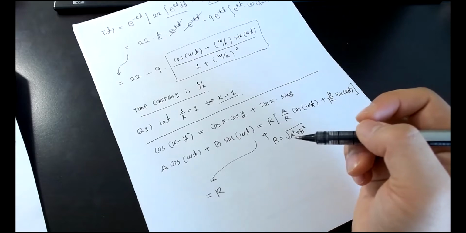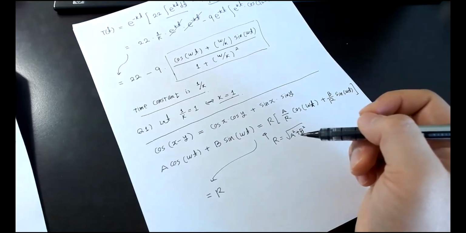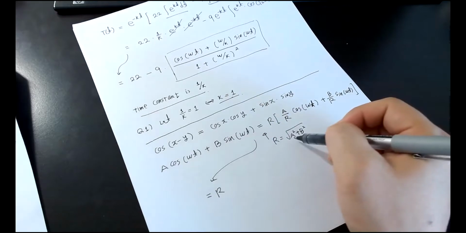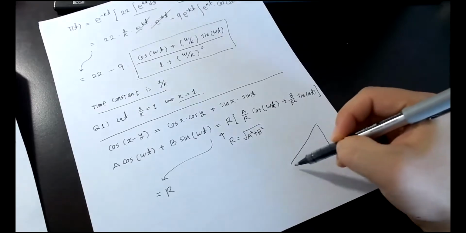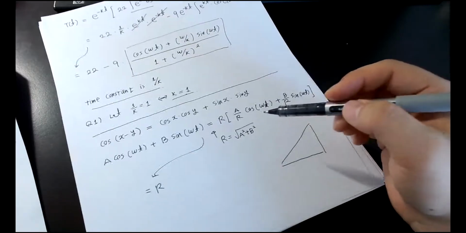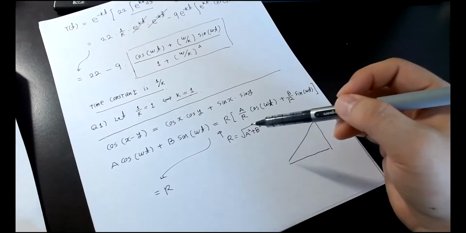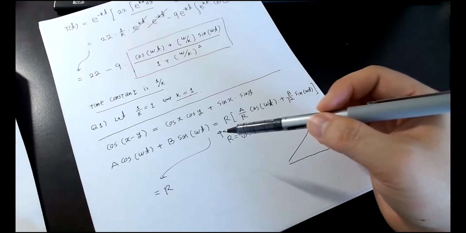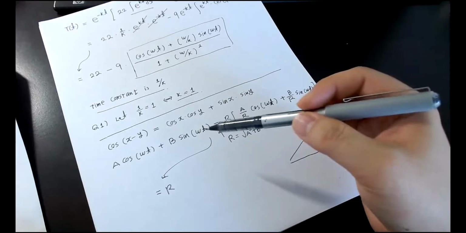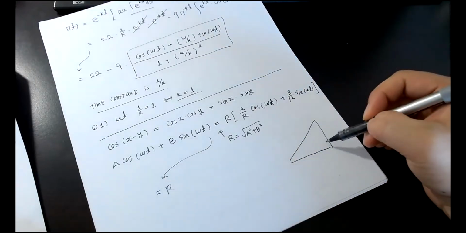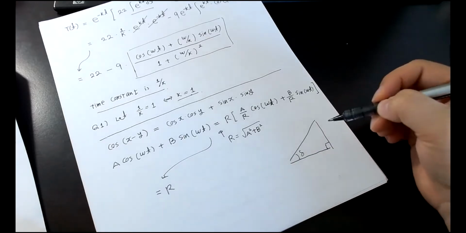So first, let's figure out the relationship among a, b, and r. Since r is the square root of a squared plus b squared, we can see it in a right triangle with, let's say, angle delta.